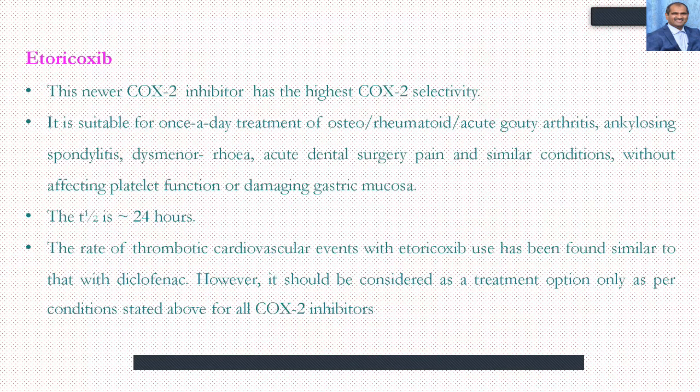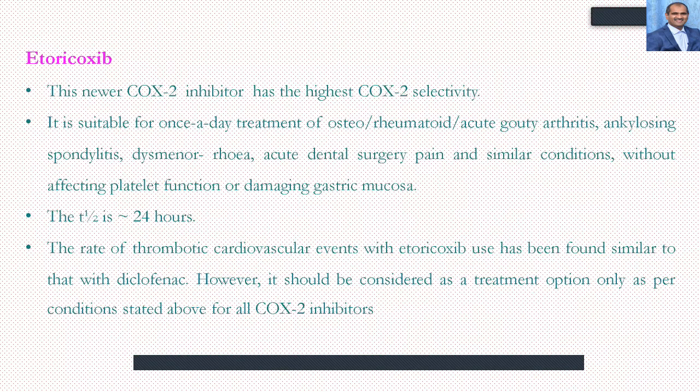Another drug is etoricoxib, and this newer COX-2 inhibitor has the highest COX-2 selectivity. It is suitable for once-a-day treatment of osteoarthritic pain or GERD, and all other properties are very similar to celecoxib. The half-life is more than 24 hours. The rate of thrombotic cardiac events with etoricoxib has been found similar to that of diclofenac.